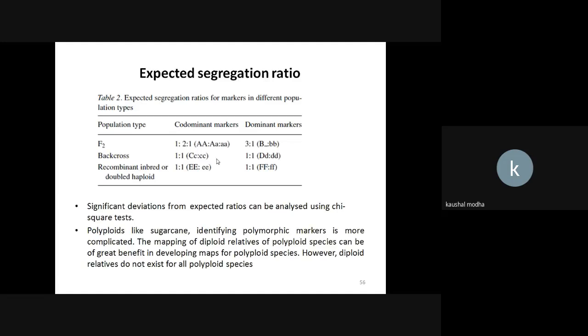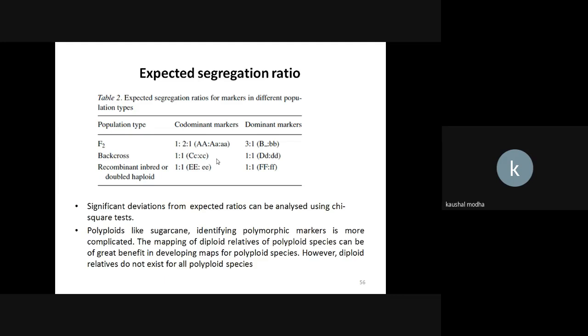Now, if our crop is polyploid, then identifying polymorphic marker will be more complicated, because for a single locus there will be 6 alleles in a polyploid crop if it is hexaploid. Like in wheat, there will be 6 alleles for a single locus.